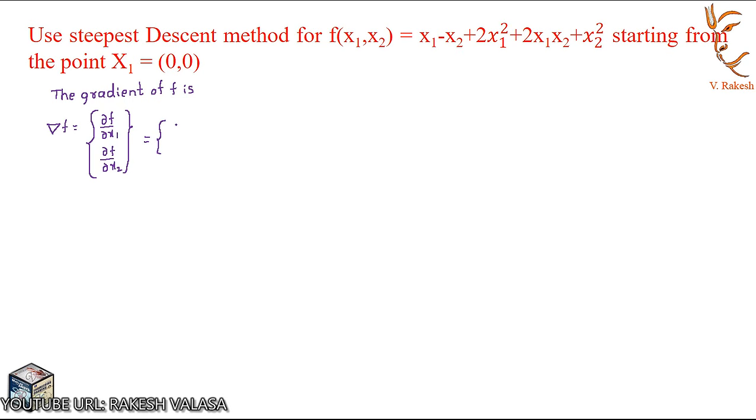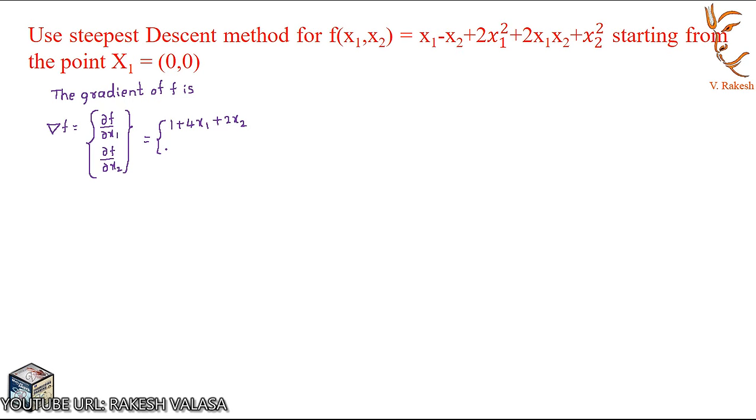x1 partial derivative, that is 1, minus x2 is 0, 2x1 square, that is 4x1, 2x1 x2, that is plus 2x2, x2 square partial derivative with respect to x1, that is 0.